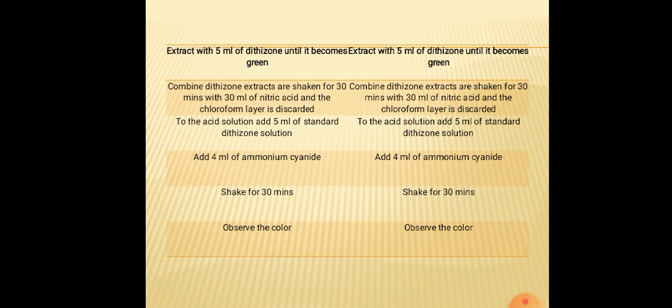solution. After that, extract this solution with 5 ml dithizone until it becomes green. Then combine the dithizone extract and shake for 30 minutes with 30 ml of nitric acid, and the chloroform layer is discarded. To this acidic solution add 5 ml of standard dithizone solution and 4 ml of ammonium cyanide.